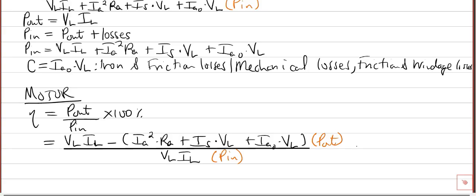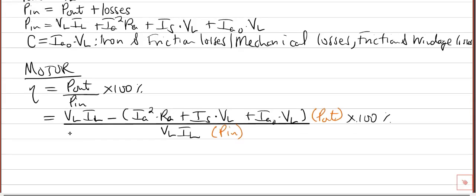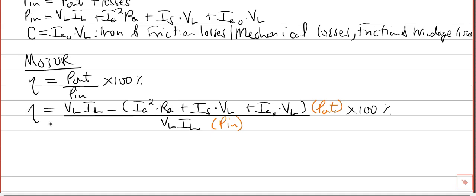If that is the case, with this one I will start with my formula for input power. My input power in a motor is equal to VL IL. In a generator, this same expression is the output, so it's almost vice versa.